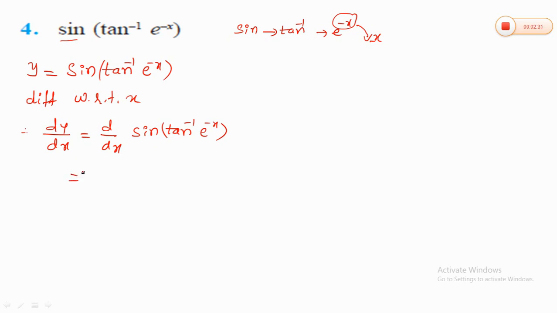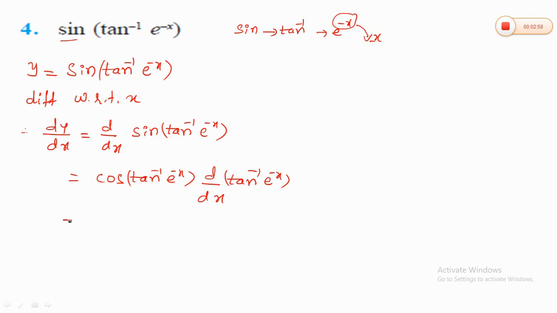This equals, we know that the derivative of sine is cos. Therefore, cos of, write the remaining terms, tan inverse of e raised to minus x. Then again differentiate, so after sine we have to differentiate tan inverse of e raised to minus x.